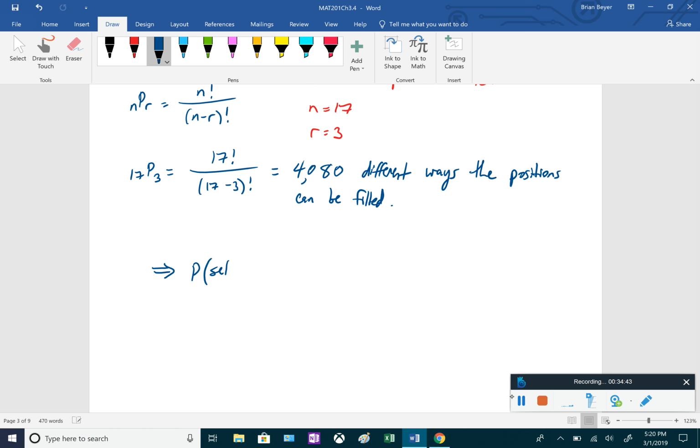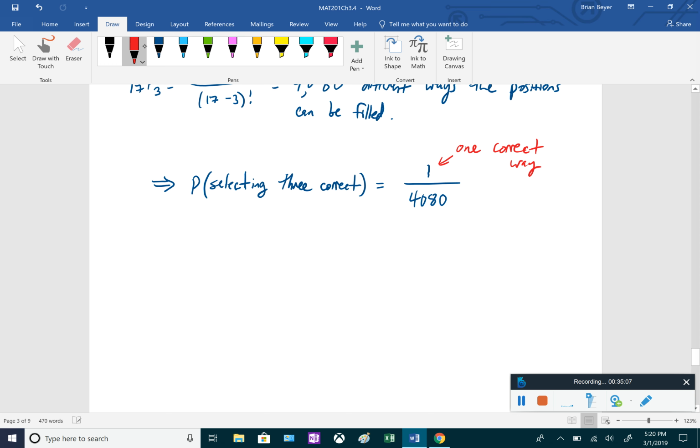So the probability of selecting the 3 correct is going to equal 1 out of 4,080. The 1 is because of what I just said. There's only one correct way to choose those positions. And the 4,080 is what we just found. That is the number of different ways the positions can be filled.